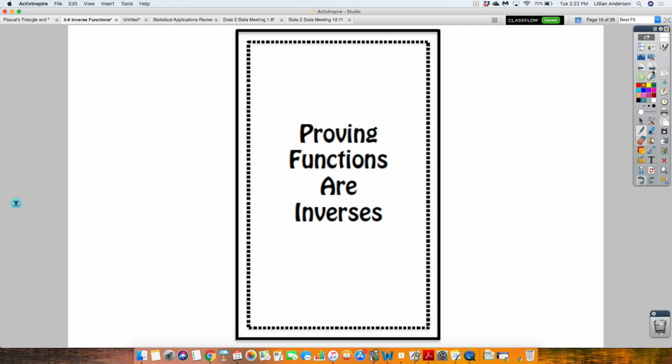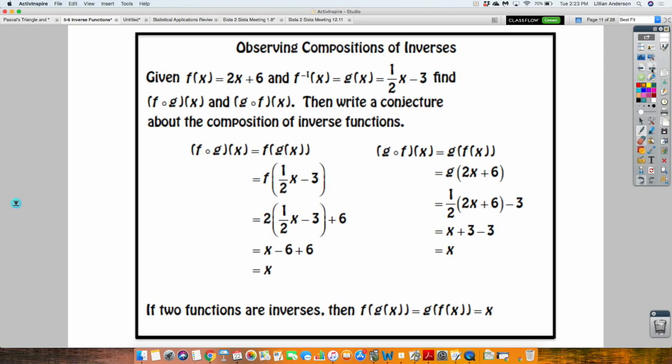Proving that functions are indeed inverses of each other. Okay? You got to look at their compositions. We've talked about compositions with operations. Okay? You have two functions, f of x equals 2x plus 6, and the inverse function f to the -1 of x, which we'll just call g of x, equals 1/2 x minus 3.